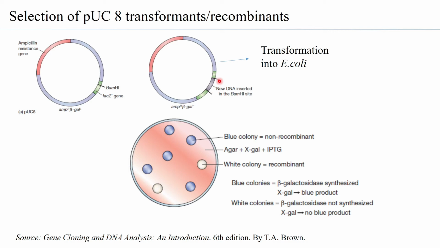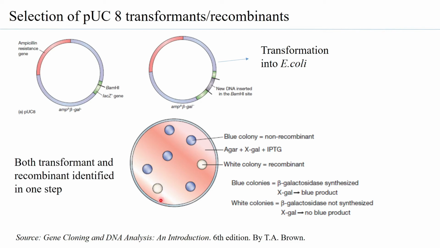And since the lacZ prime product is not formed, X-gal will not be converted into the indigo dye, and so these colonies that are the recombinants will be white in color. So in one plate itself, you can distinguish between E. coli that are transformed but not recombinant, and E. coli that are not just transformed but also contain the recombinant.